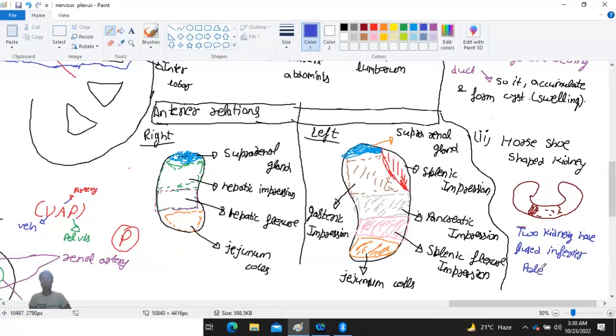So what happens? The kidney forms in the lower region, but it ascends upward.